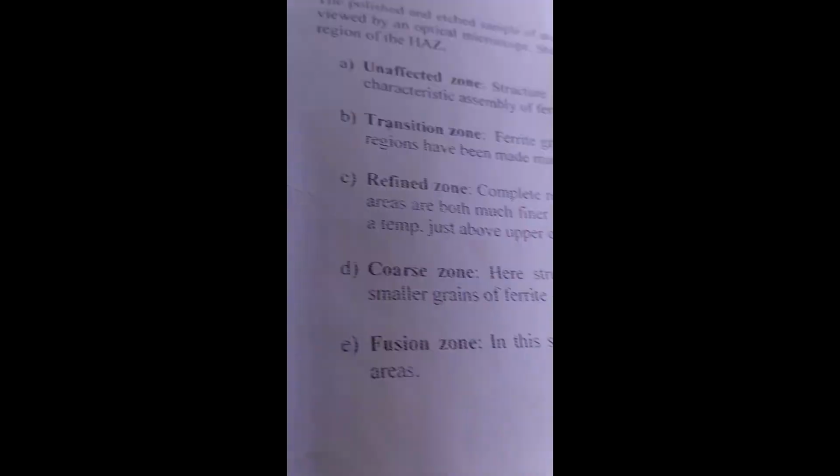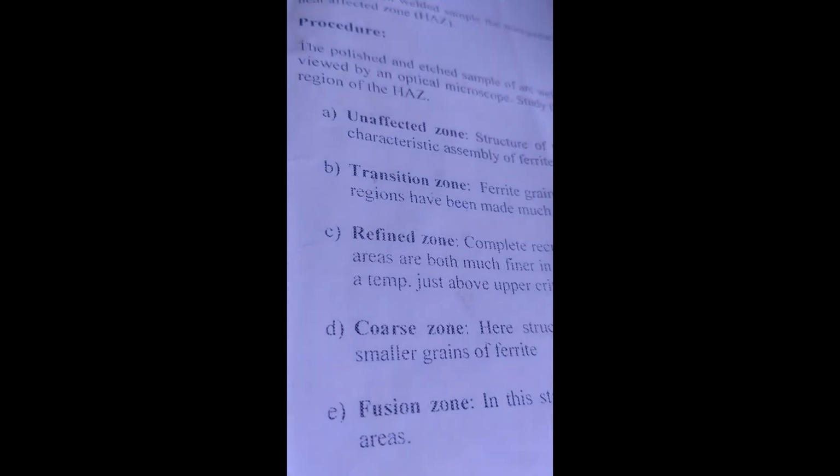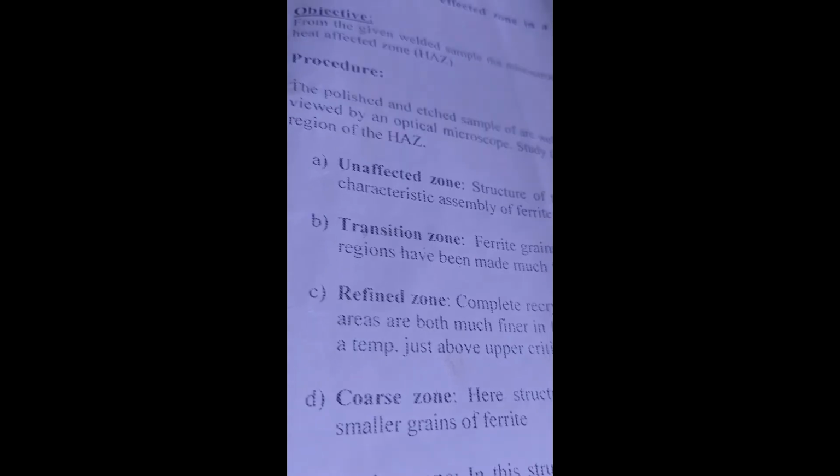Objective and procedure are there. Secondly, then these 5 zones are there. You just have to write the zones and you have to attach the pictures which I show on the monitor. You have to take a print out and you have to attach it. This is the unaffected zone.